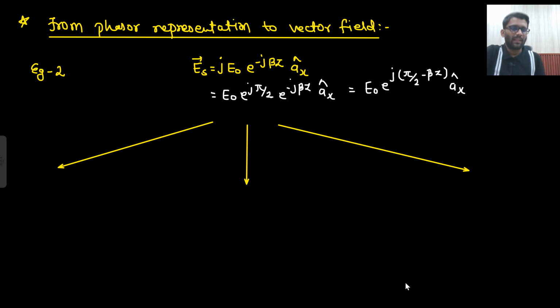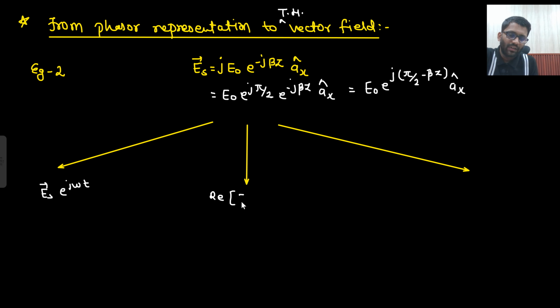This is my phasor. Now if I need to go to the time harmonic vector field, then what will I do? I will add e to the power j omega t to the phasor. Just have patience, you will realize why we are doing so.